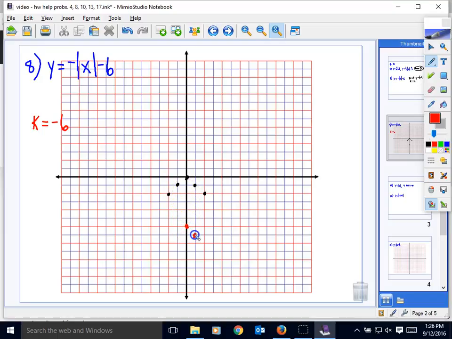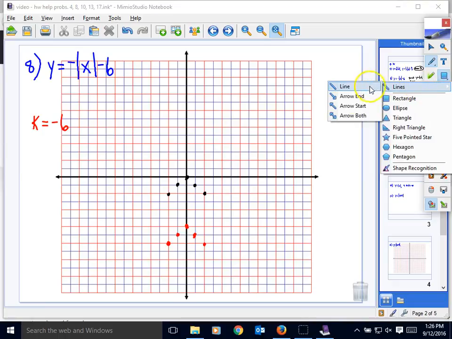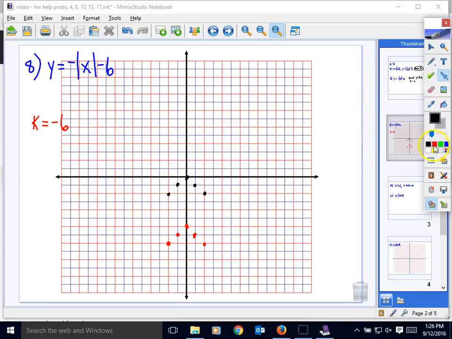So it's going to look like this. Of course, we don't want to leave dots there, so we'll go ahead and draw those lines. And so this would be your final answer to number 8. Okay, so we identified the parent, we identified k, and then we graphed as a translation of the parent.